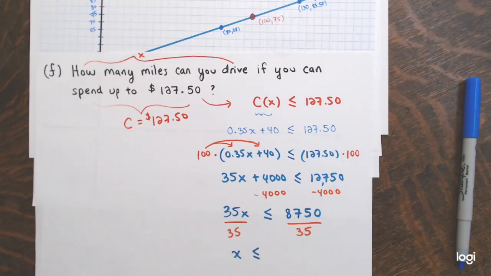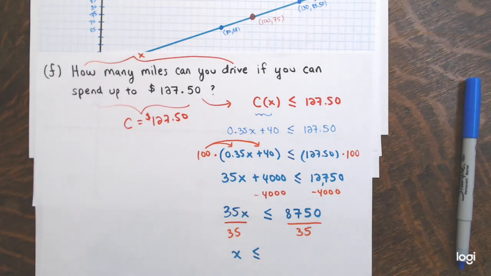In fact, I think the only thing you're going to have to remember really is that if you multiply or divide both sides by a negative number, that will flip the inequality's direction, flip the symbol, make it less than and greater than. But we haven't done that yet. And then 8,750 divided by 35. Again, you can set up long division, say 35 goes into 87 twice, right, making 70, and then you subtract that from 87, you got 17, drop the 5.